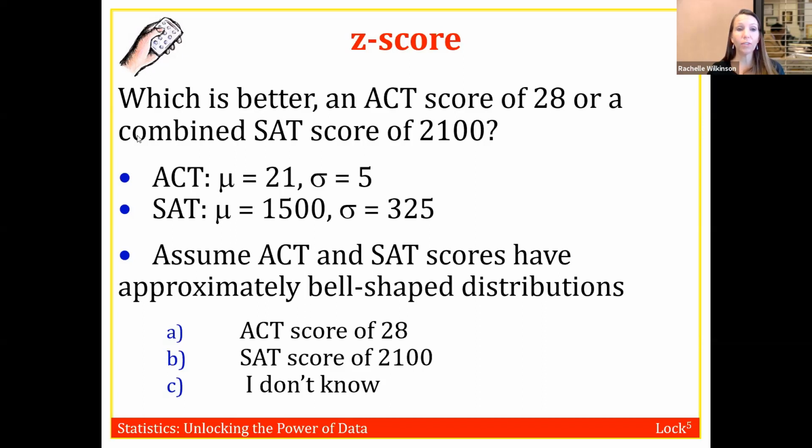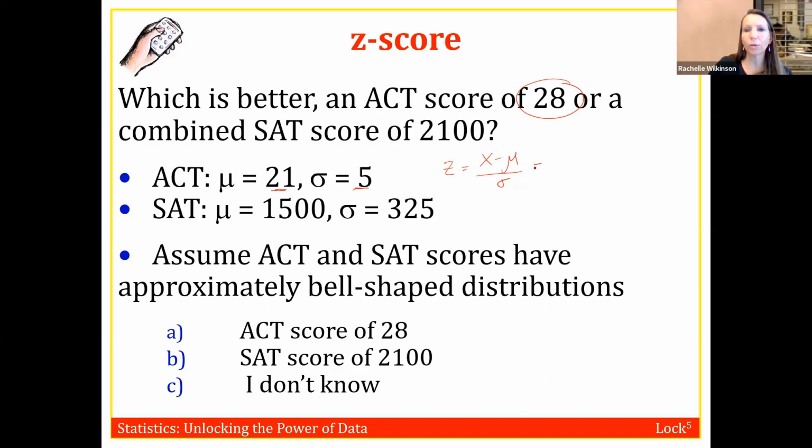Starting with the ACT, remember we're going to take X minus mu divided by sigma. They're always going to give you the mu and the sigma, or the X bar and the S, in the problem, and the X value is going to be the value under question.